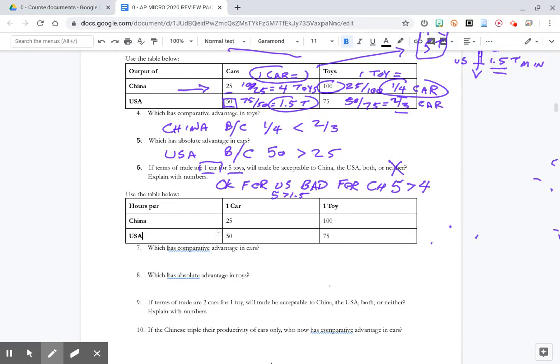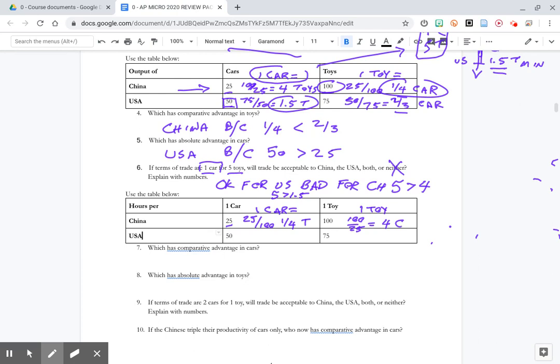So in this one, we are going to rephrase how we solve the opportunity cost. We're still going to say one car, but now we're going to say the inside number, 25 over 100, because it's an input problem. So one car is 1/4 of a toy for China. And one toy for China now is 100 over 25, which is 4 cars.